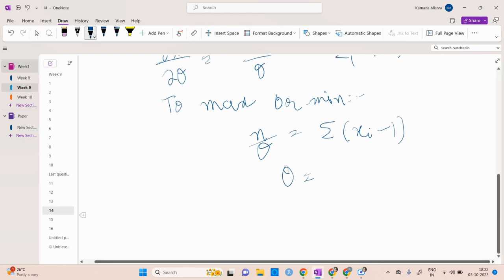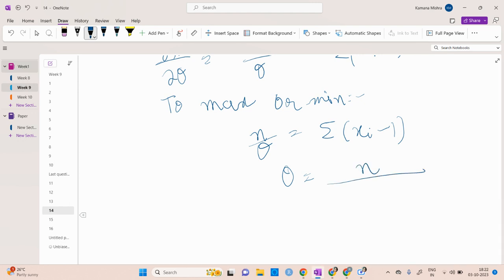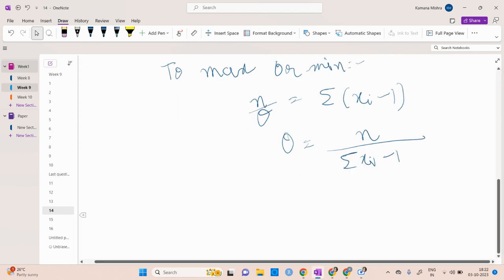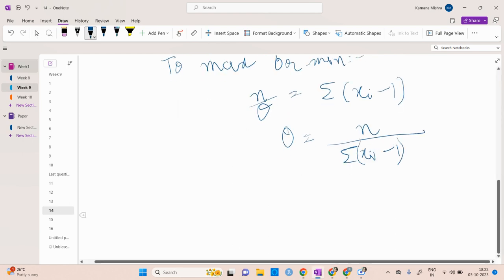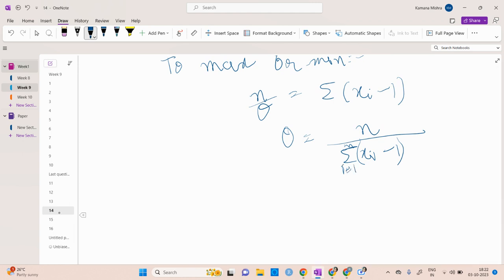So theta will be nothing but n upon summation (xi minus 1). Now this is the summation over the whole range, i is equal to 1 up to n, and summation of 1 will be n, right? So it will be n upon summation xi minus n.